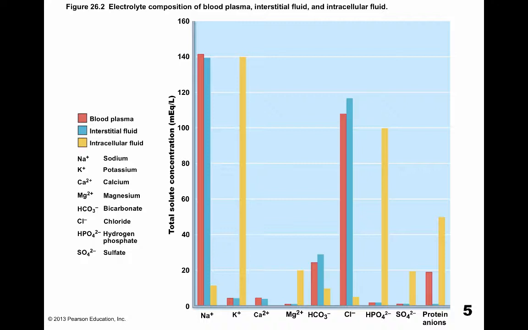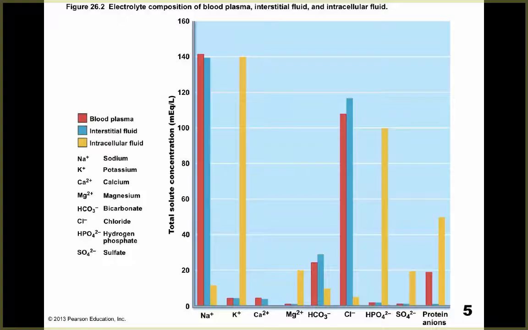The really high electrolytes in intracellular fluid are things like potassium, magnesium, phosphates, sulfur ions, and proteins, right?